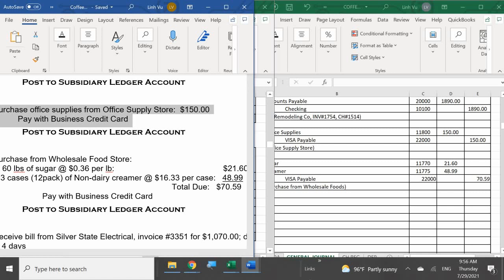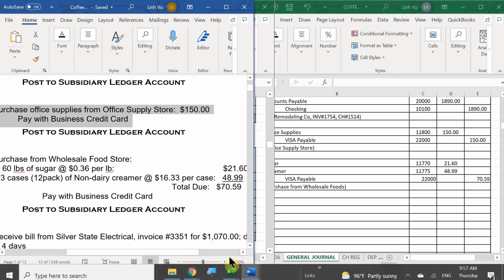Do we put that in the ledger? No, you don't put the account number in the description for the ledger. Aren't we on the ledger part? Yes, we are.